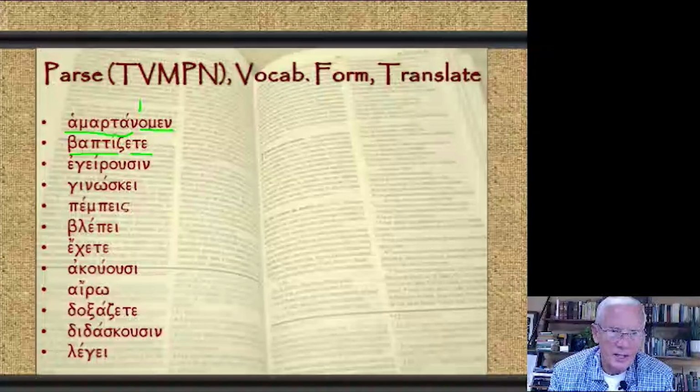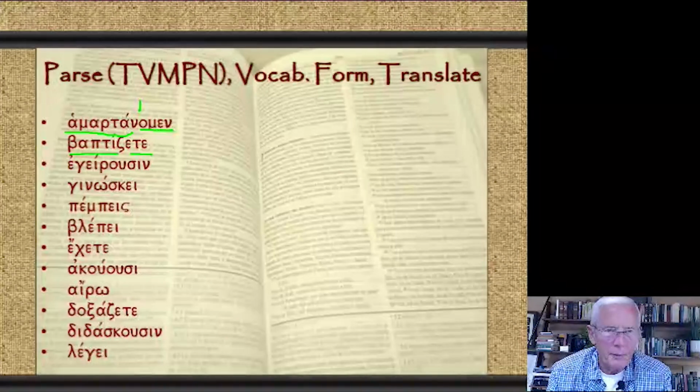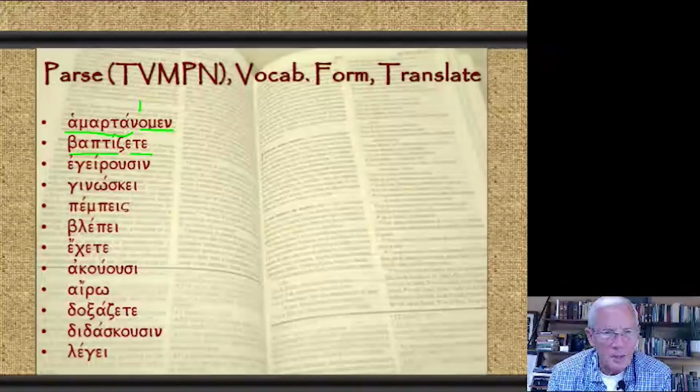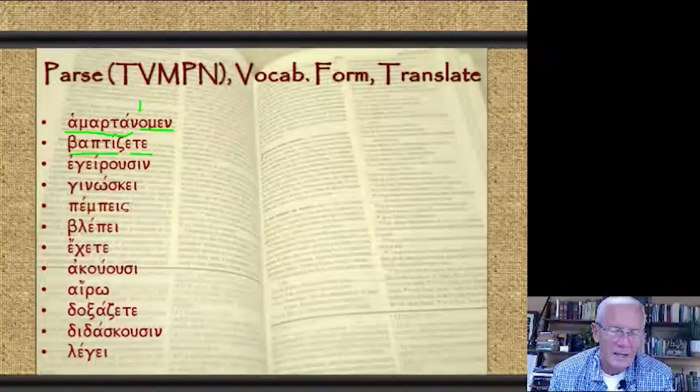Ginoskei, present active indicative, third singular, she or he knows. Pempeis, present active indicative, second person singular, you send. Blepei, present active indicative, third singular, he or she sees.